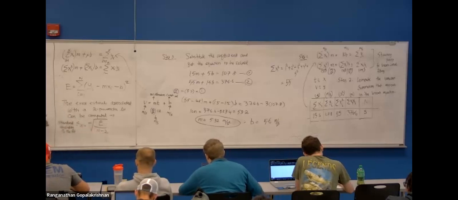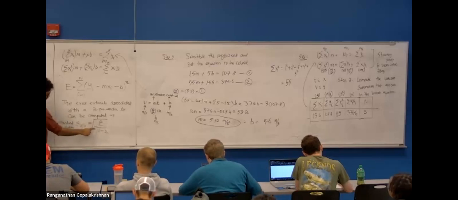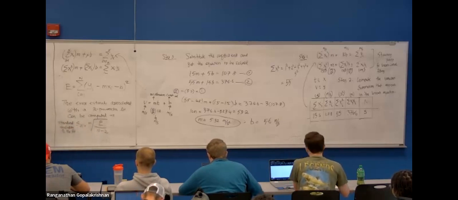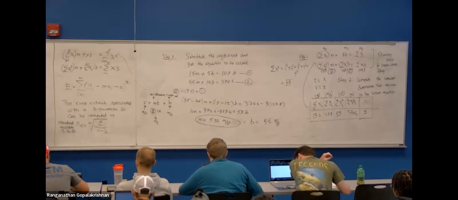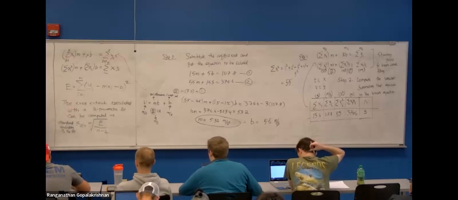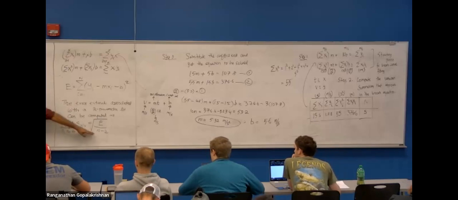So this number, E divided by n minus 2, gives you the error on a normalized basis, which can be compared. If you had one fit for a data set of size 100 and another fit for a data set of size 400, this gives you a normalized basis to compare the quality of those fits.